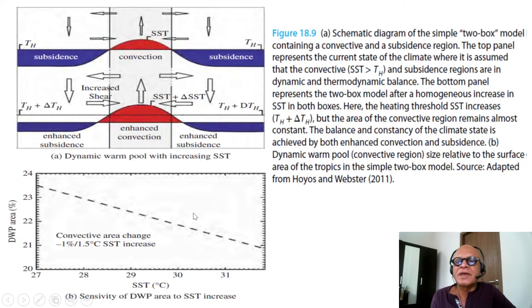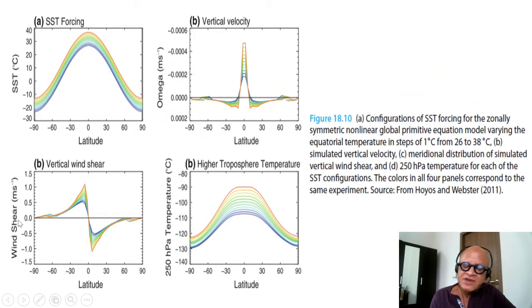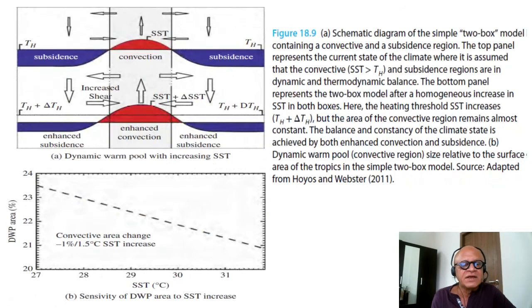The bottom panel then shows the heating threshold SST increase, but the area of the convective region remains almost constant. So you're looking at DWP area, I apologize for that, and SSTs, and you can see that the convective area change is minus 1% per 1.5 degree SST increase. So the change in area is much smaller than the increase in SST.